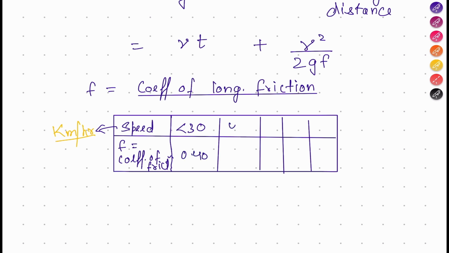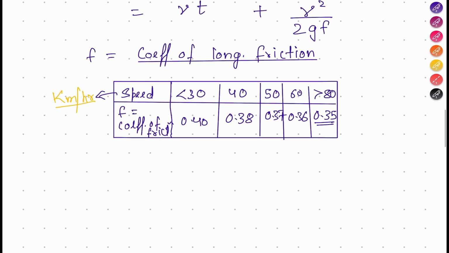When the speed is 40 km per hour, the coefficient of friction would be 0.38. When speed is equal to 50, the coefficient of friction would be 0.37. When it would be 60, it would be 0.36. If the speed is greater than 80, the coefficient of friction is taken as 0.35.